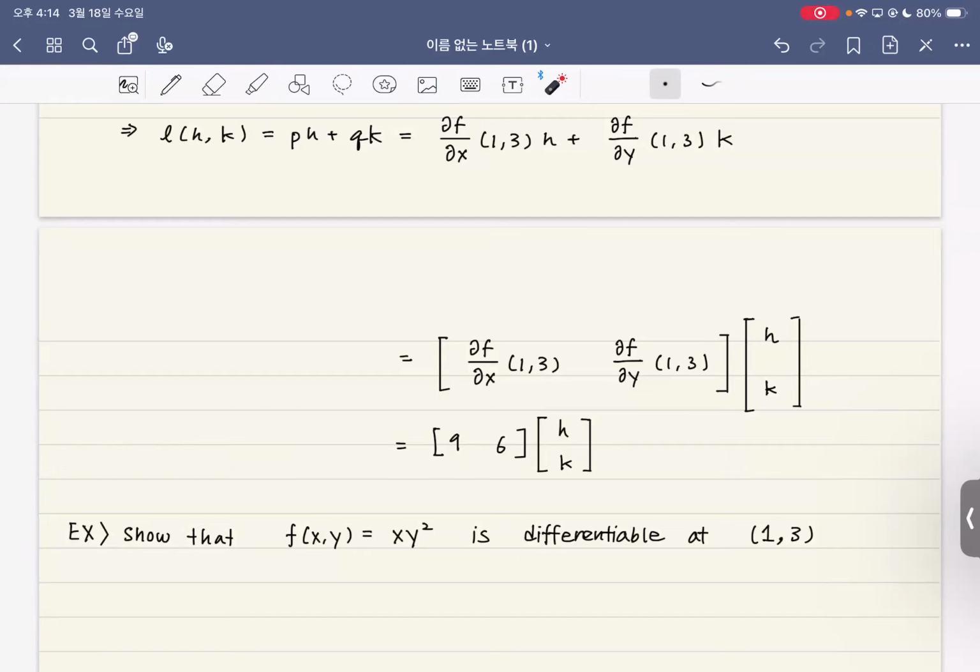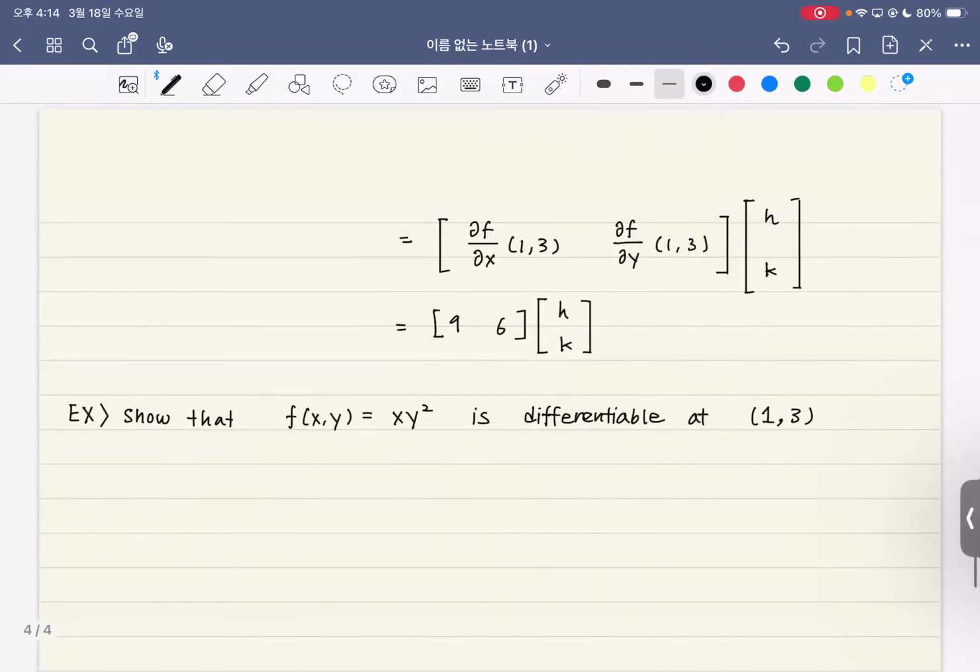Show that my function is differentiable at the point. This requires some sort of serious analysis. Yeah, sounds very scary.